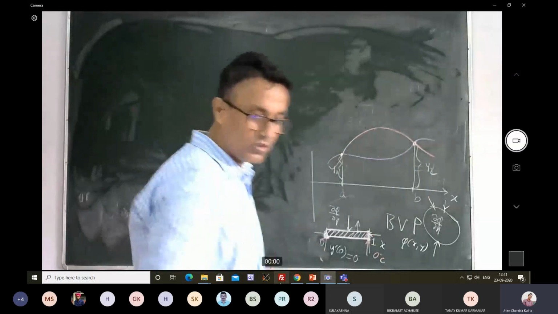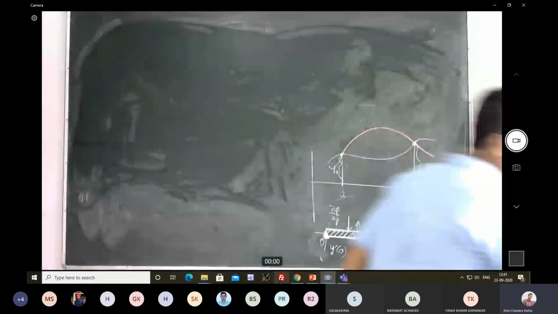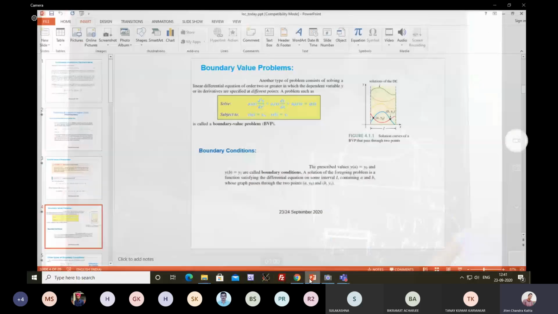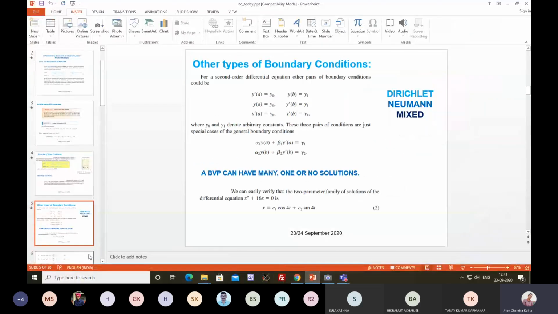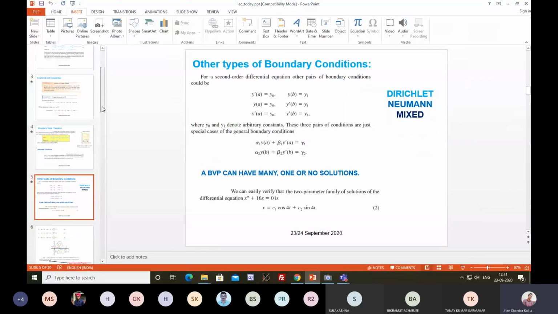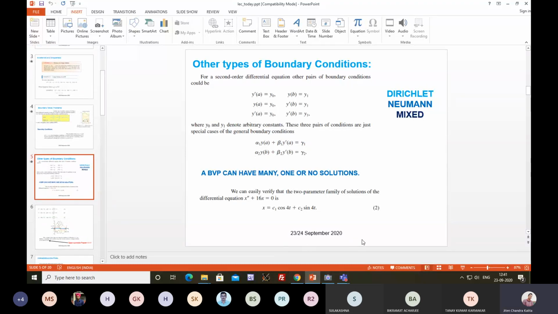Let me again show you these slides. This is what all the types of boundary conditions described here look like. Now there is an interesting thing here.